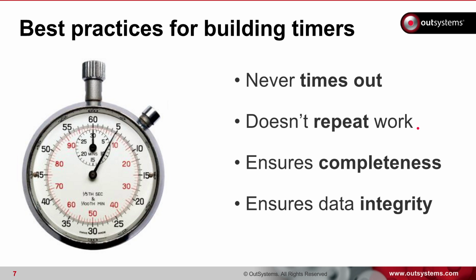So what are the best practices for building timers? Well, the timer should never time out, obviously. That means that the process is killed and it's recalled a second time on a second attempt. Now, if it never times out and we want to keep that 20-minute or shorter timeout, how do we make something that takes days to finish work?